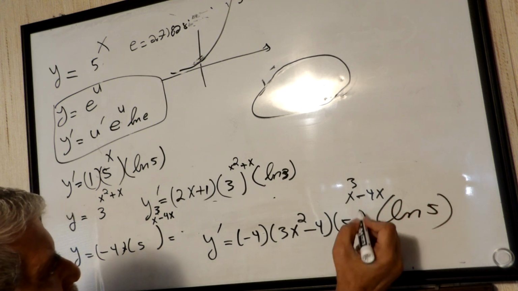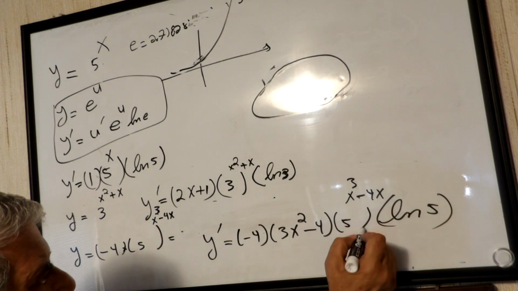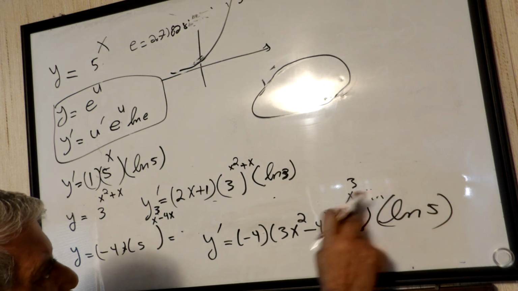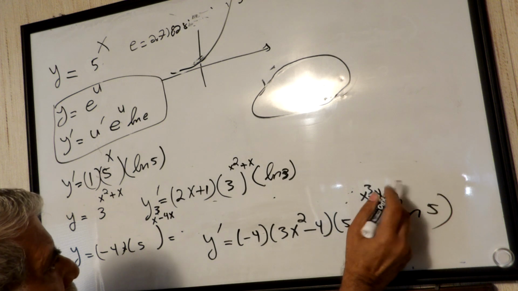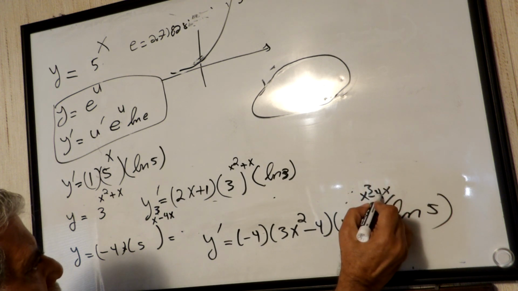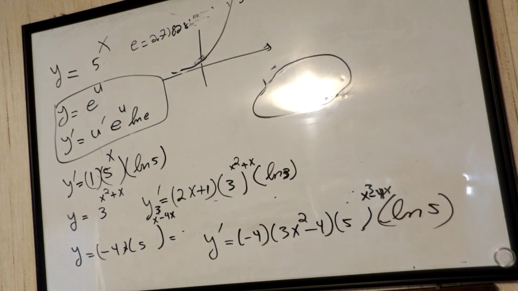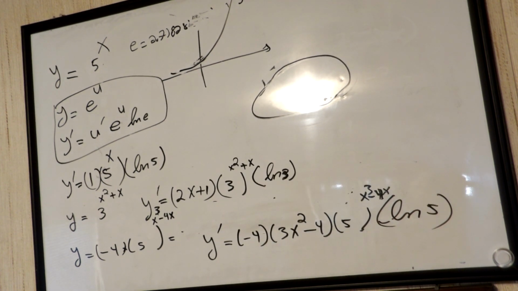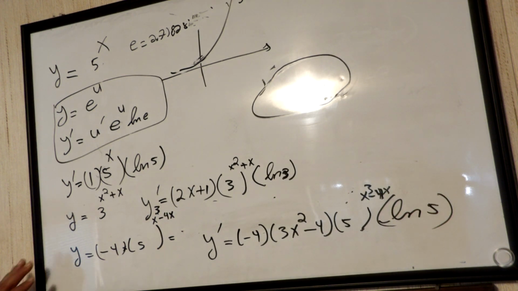These are all multiplication. And the exponent is x cubed minus 4x, and that is the power of 5. Okay, that's enough for the exponential function, the derivative of that.